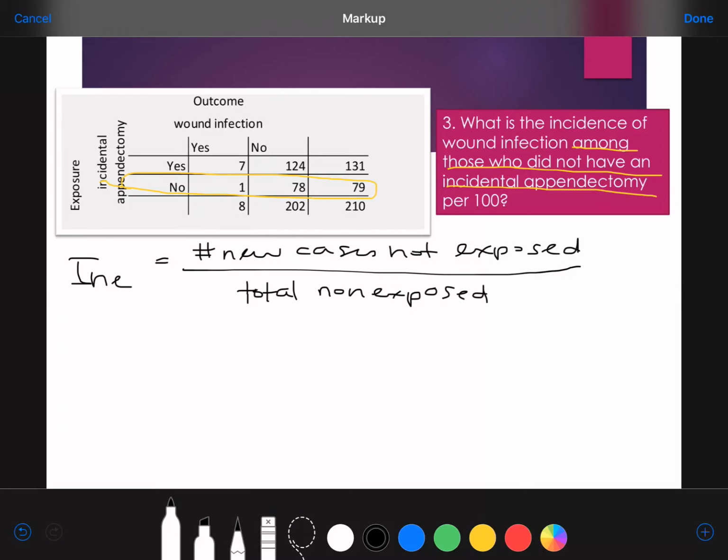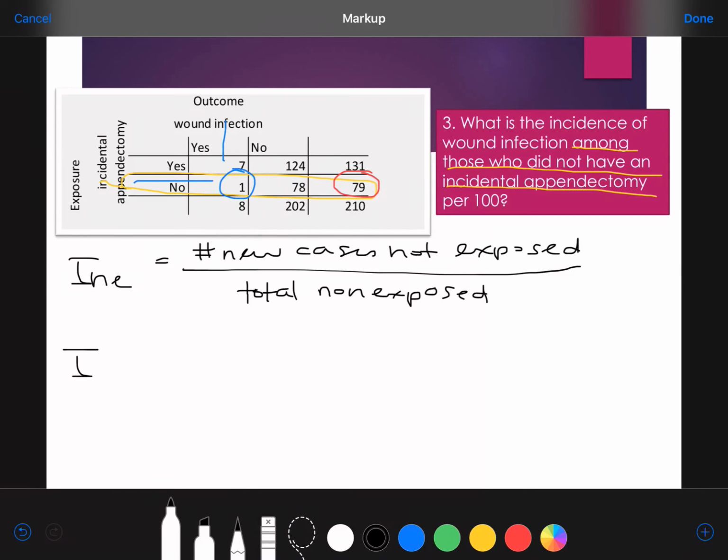So if we go look at this, where do we find our number of new cases that were not exposed? Among the cases, how many not exposed? We got 1. Then we need to find where we get our total not exposed. Our total not exposed is down here.